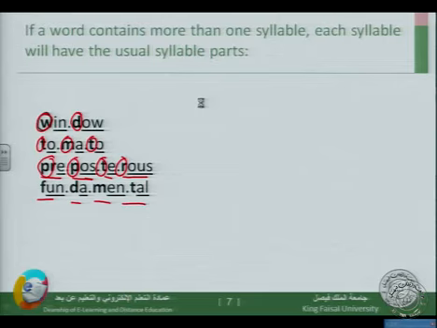How many syllables? Four. How many onsets? One, two, three, four. Now look at these circled sounds. They are all consonants. That's to say, all onsets in English are always consonants.